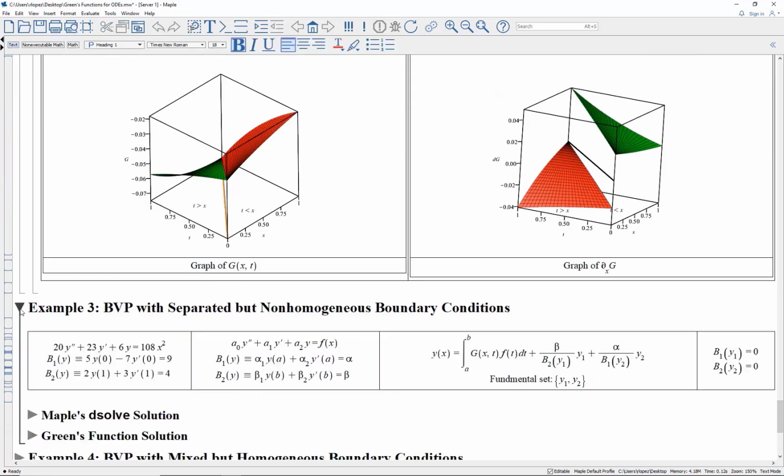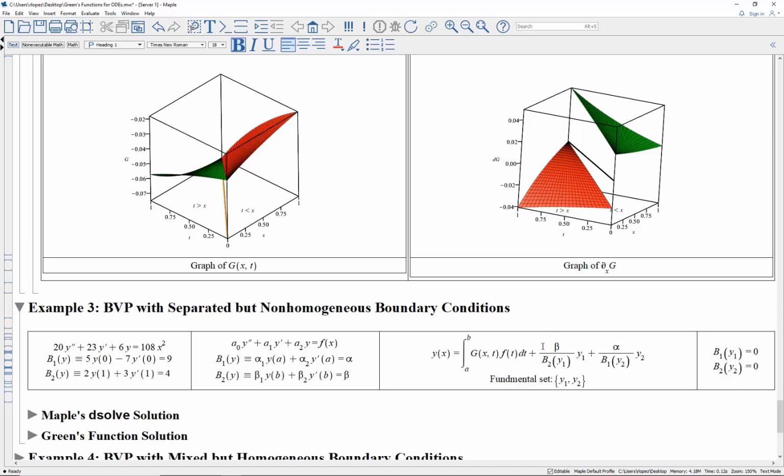Third example: separated but not homogeneous boundary conditions. So instead of having zeros on the right-hand side, we have non-zero values. I chose 9 and 4 for my example, alpha, beta for the general case. This is the Green's function for the homogeneous boundary conditions.